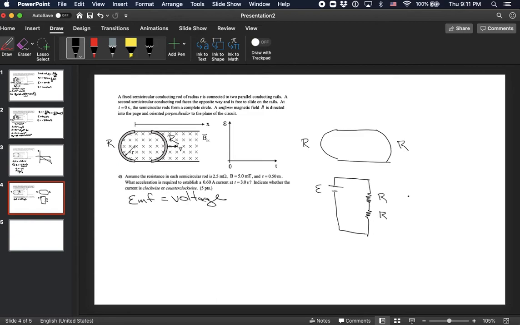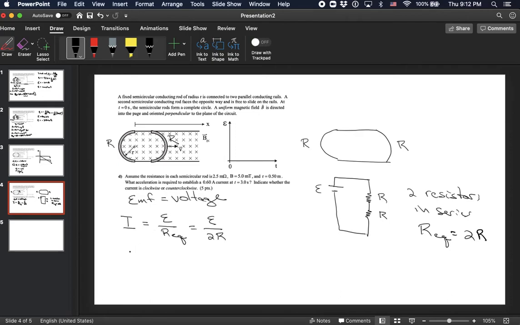That's just two resistors in series. So R_eq, the equivalent resistance, is equal to 2R. So if I think about my current, current is equal to EMF divided by the equivalent resistance, and that's just EMF divided by 2R.